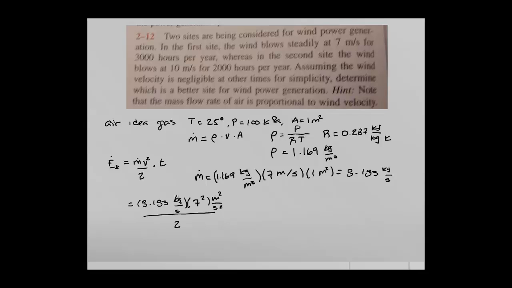Now, kilogram meter per square second is Newton. Newton meter will be joule. Joule per second will be watt. So all of this is multiplied by what? The time that we have every year.